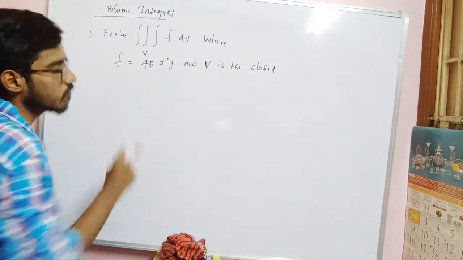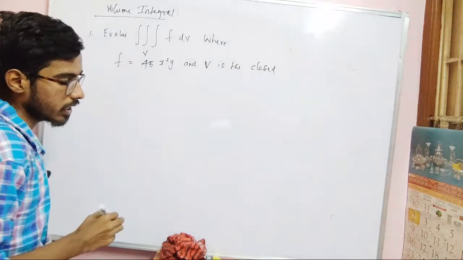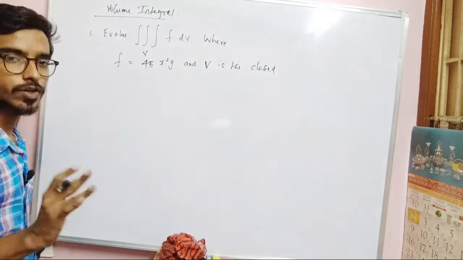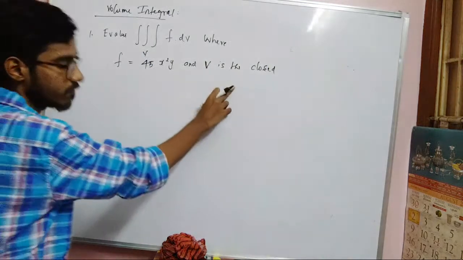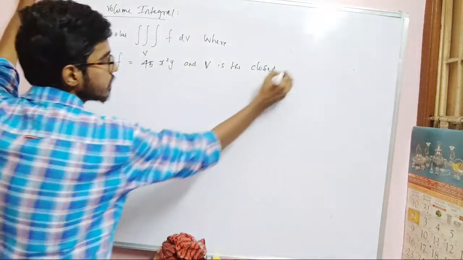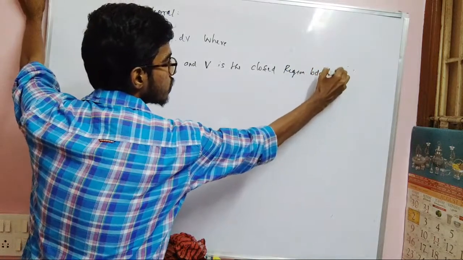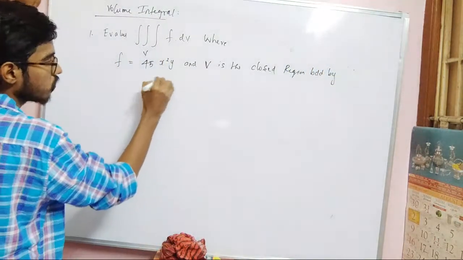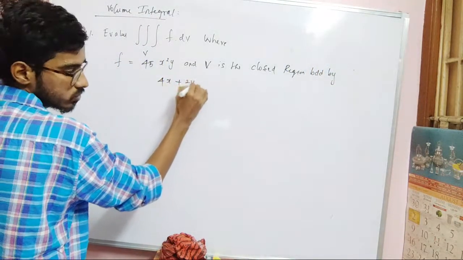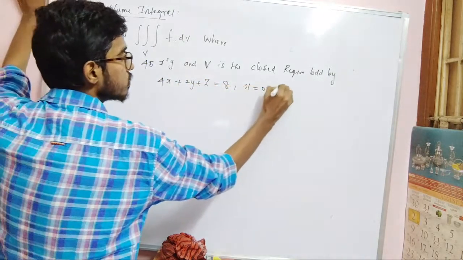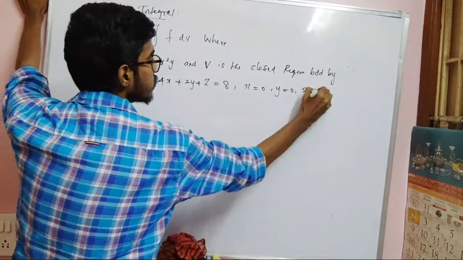So F is equal to 45 x square y. Actually, line integral is also very easy, and volume is also very easy. The only thing you need to practice is surface integral. V is the closed region bounded by 4x plus 2y plus z is equal to 8, x is equal to 0, y is equal to 0, z is equal to 0.